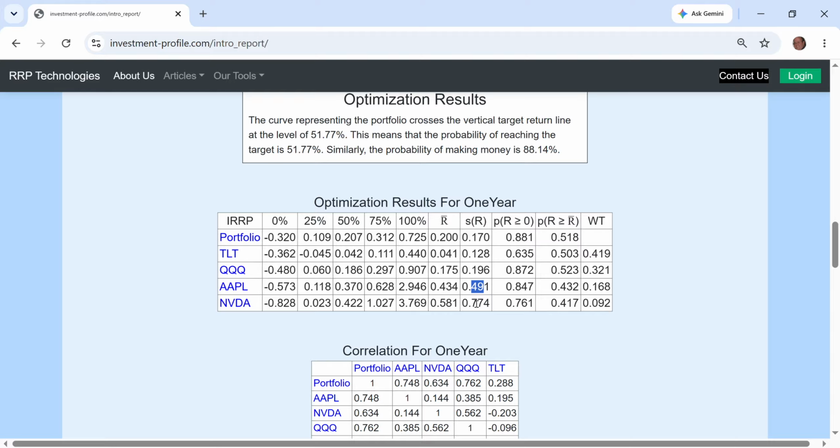These have higher standard deviations, but like I mentioned, the optimizer tries to avoid allocating much cash to those. So the cash allocated to Apple is only 16%, and the cash allocated to NVIDIA is only 9%.